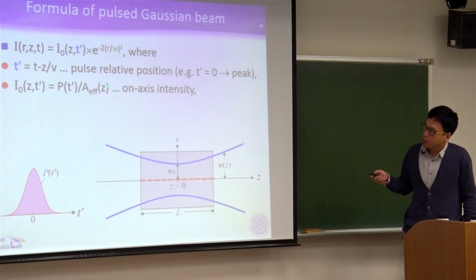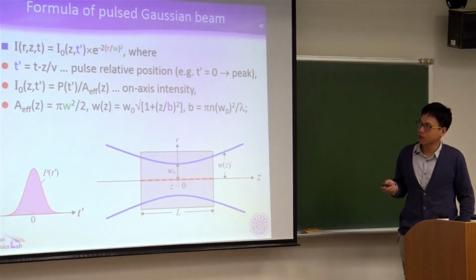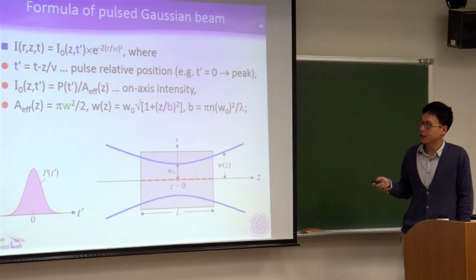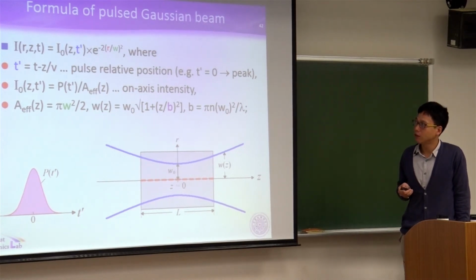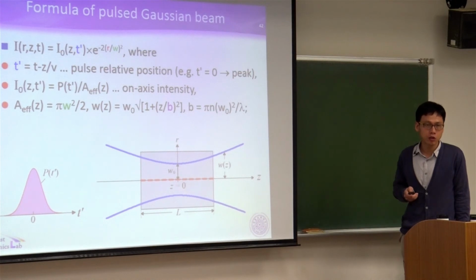But the beam cross-sectional area formula is fixed. It's here, pi w squared over 2. W as a function of z is shown here. You can tell it is the famous Gaussian beam formula, right? Where the b coefficient is the so-called confocal parameter, equaling pi n w0 squared over lambda.